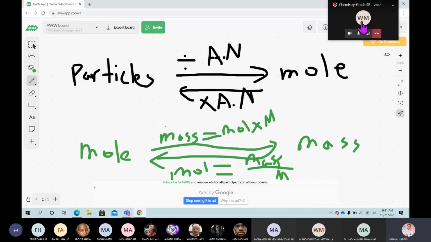If you want to move from mass to particles, you should convert first from mass to moles, then from moles to particles. So you cannot convert directly. The same thing if you have particles and you want the mass: convert from particles to moles, then from moles to mass. Any question?